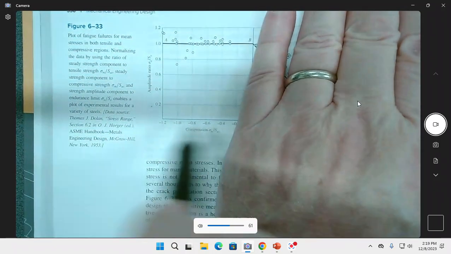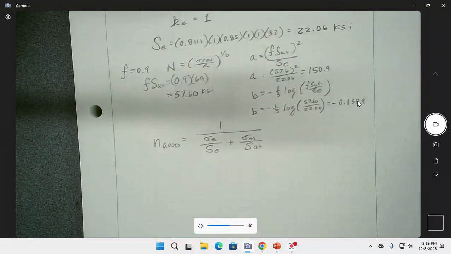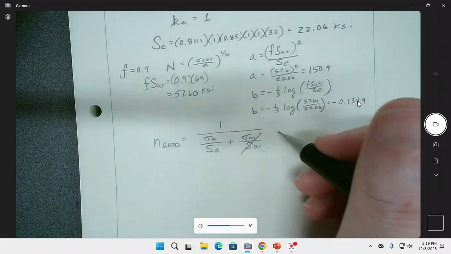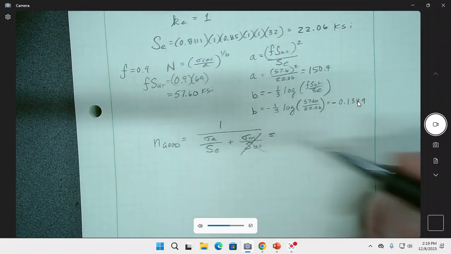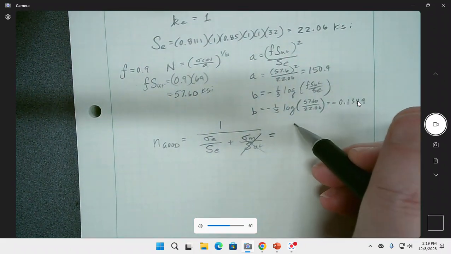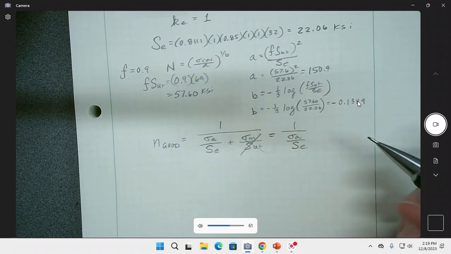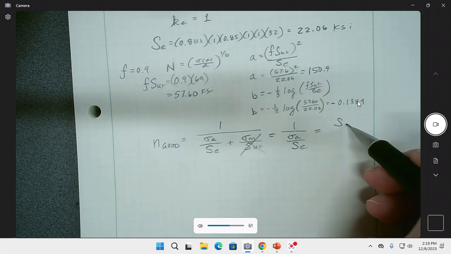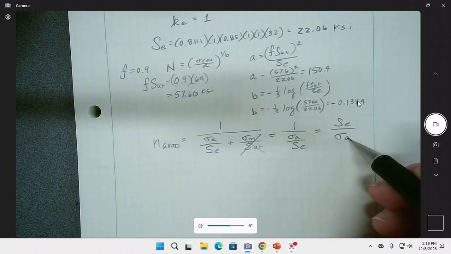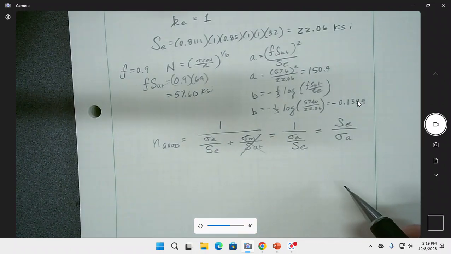Whatever you have as compression doesn't matter. So all you really end up having is 1 over sigma A over SE, which is the same thing you would get with a regular safety factor.